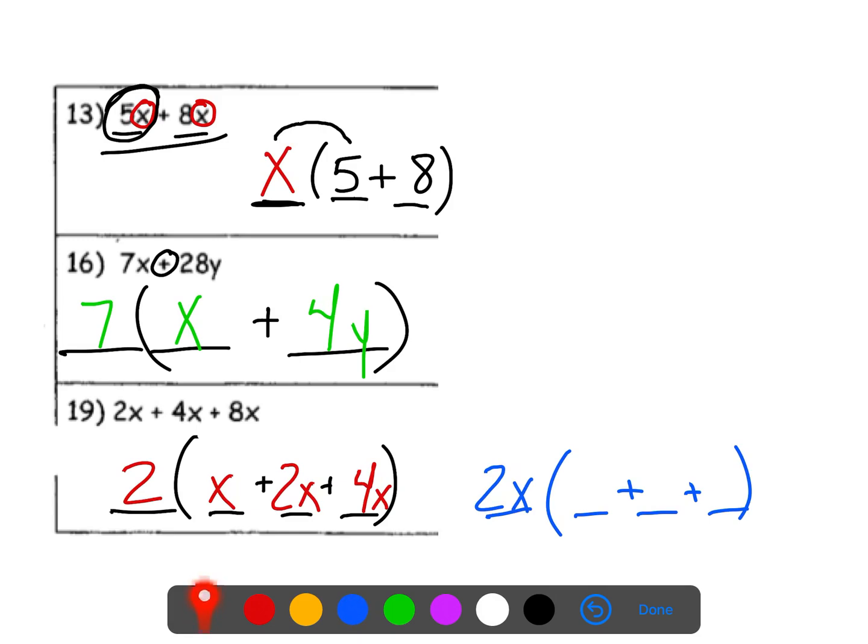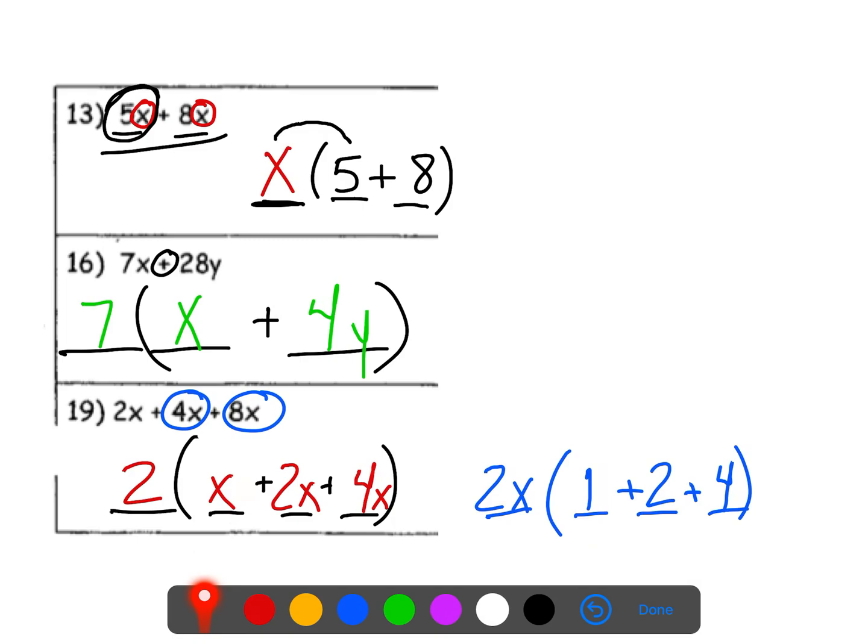So now 2x is my factor outside the parentheses. To make this first term, I only need 1 of those. So I need 1 2x there. To make 4x, I need 2 of them. And to make 8x, I need 4. And this would be another way to write that, where I just took a larger factor out of my 3 terms. Both of these are equivalent. Just keep that in mind.